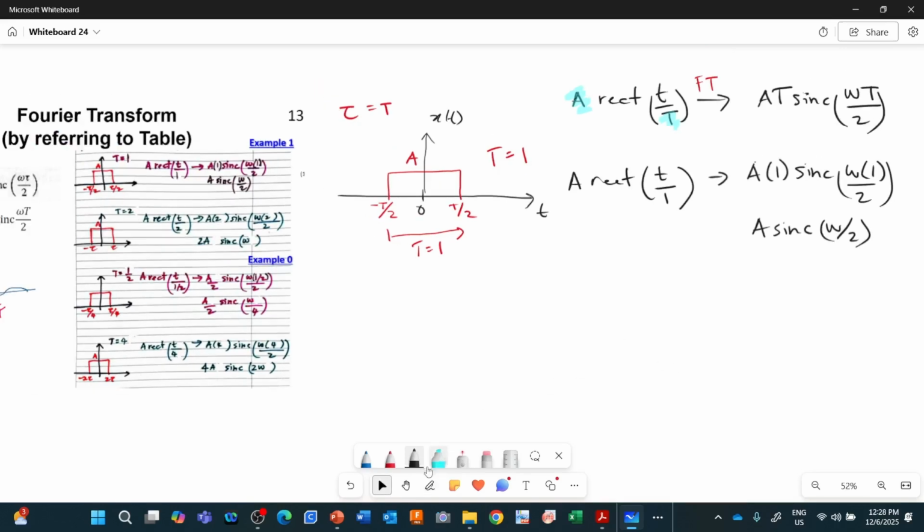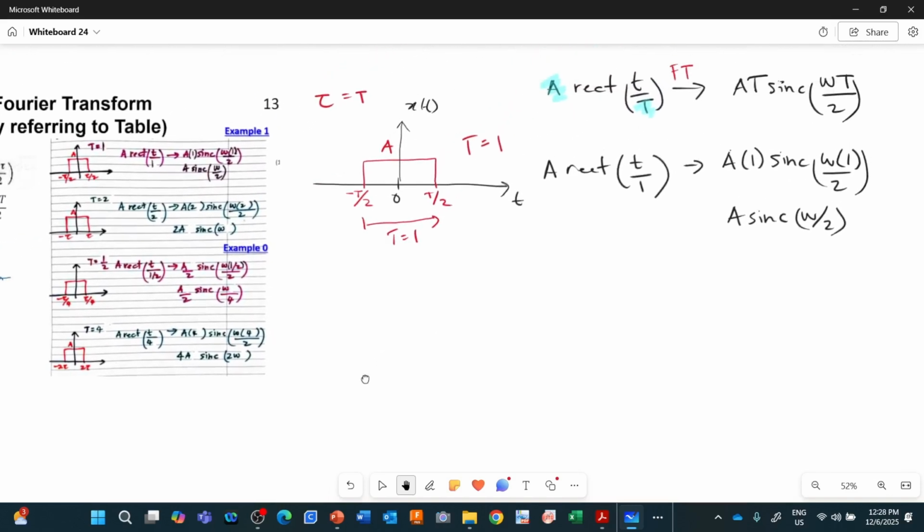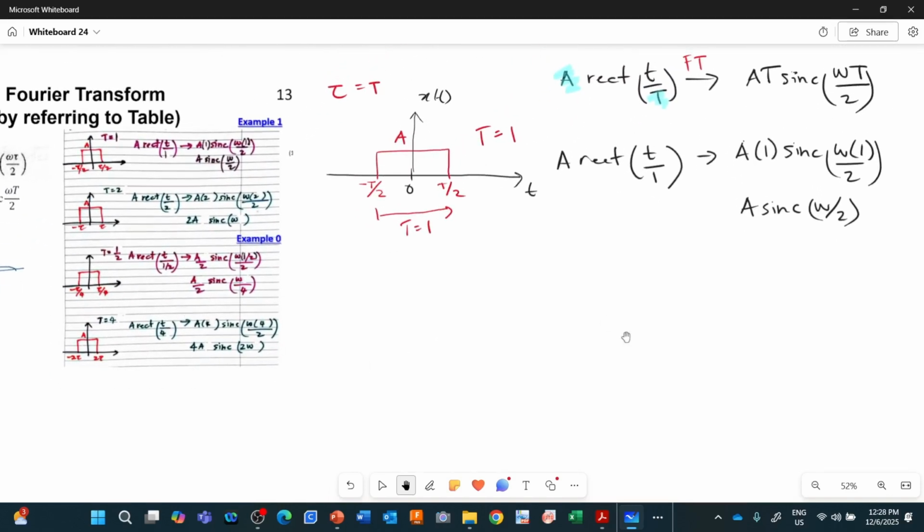So this is the answer over here. If you follow through all of the examples over there, do you want me to go through all of it? Very fast, we do it. For the second signal, you still have a rectangular, but the period is from minus T to T. Amplitude is still A. So directly, what do you get?